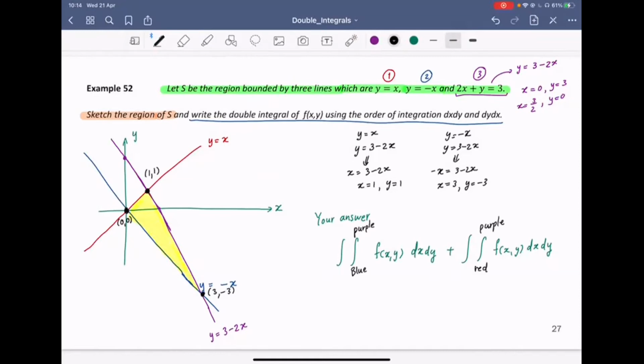You can see that from y equals -3 to y equals 0, you go from blue to purple. And then from y equals 0 to 1, you do the second one. And then you just use the blue one, which is y equals -x. So that means this is x equals -y.